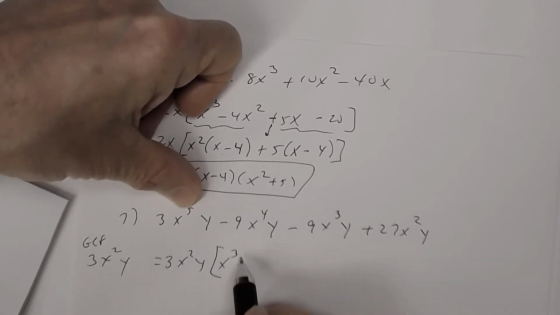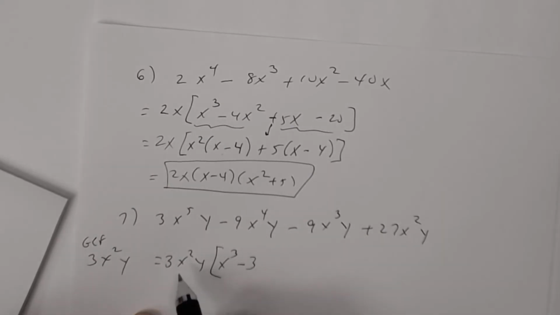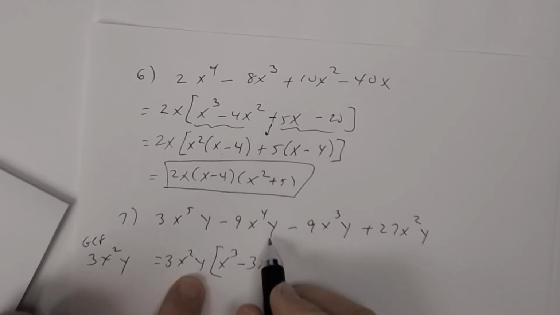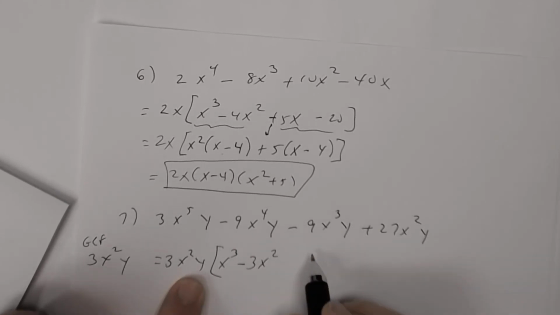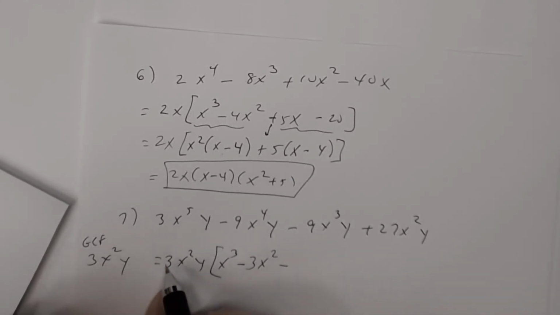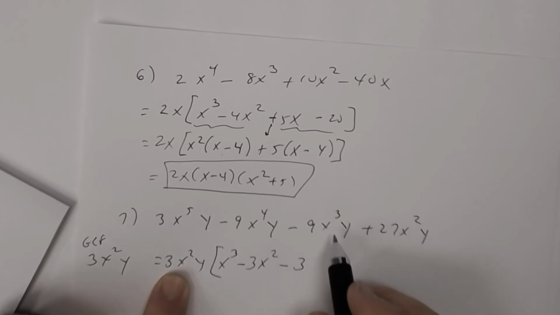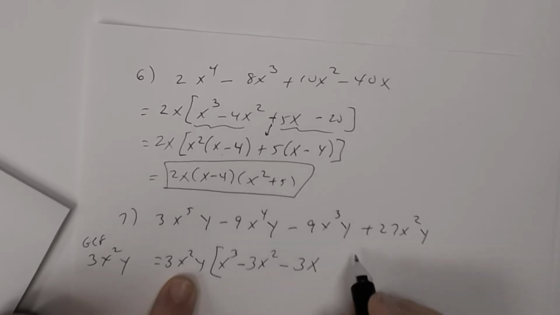Okay, now the next term, minus 3 times 3 is 9. I have 4 factors of x. I factored out 2, so I need 2 here. And I already factored out the y, so I don't need any more y's. Minus, again, 3 times 3 is 9. I factor out 2 factors of x. There are 3 here, so I need 1. And I already factored out the y, so I don't need any more y's.